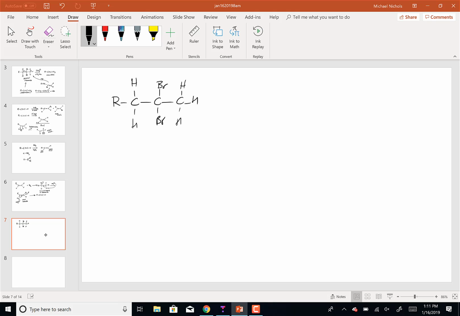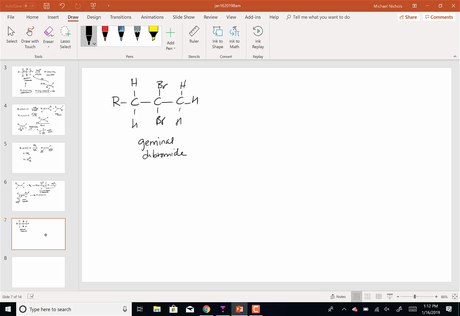The other way to make a triple bond is to make it from what's called a geminal dibromide. When both groups are attached to the same carbon, that's called geminal. We'll talk in lab when we're talking about NMR spectroscopy in a couple of weeks about geminal hydrogens, which are the hydrogens attached to the same carbon.